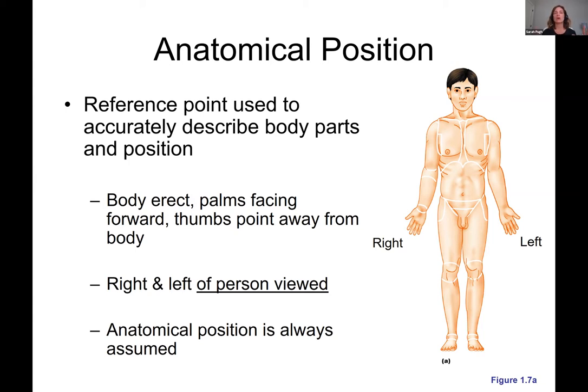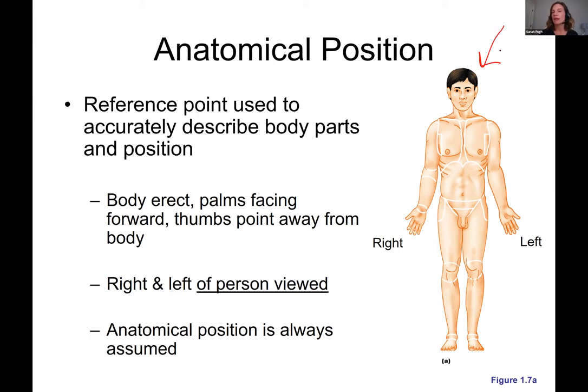This is sort of a reference point that we will always use as we describe all the body parts. So if you are working in a hospital and you are describing body parts in relationship to each other, you would always use anatomical position. Okay, so anatomical position is just like the image you see here.